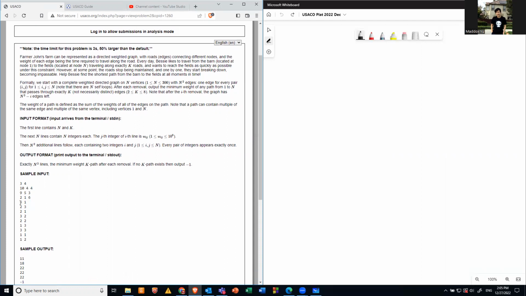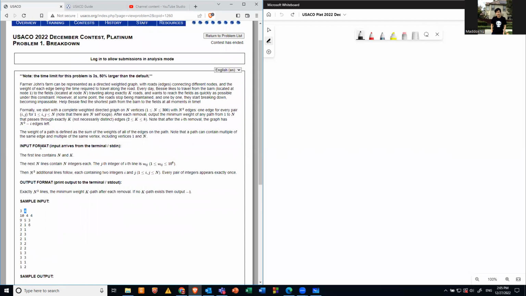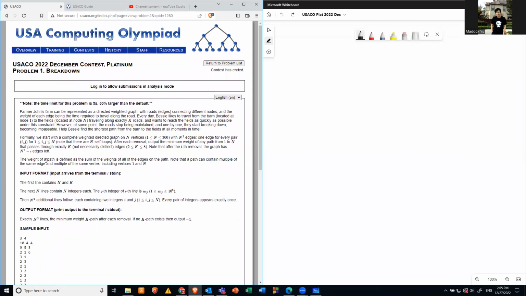First time we're going to take away the edge from 3 to 1, then 2 to 3, and all the way. The question is, every time you take away an edge, what is the shortest distance from node 1 to node n with exactly k edges? Okay, that's the question.